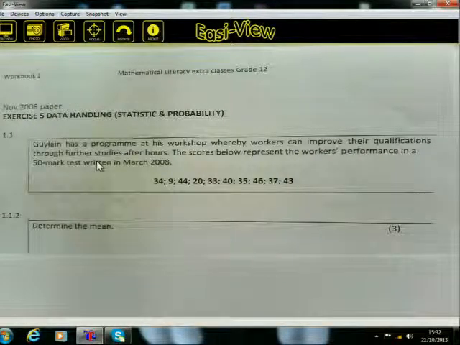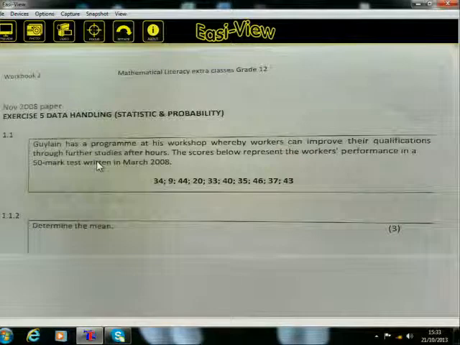1.1.2. As a grade 12 learner, when you are answering a question, it is very, very important for you to number it correctly. Let us read the question. Determine the mean. So here you are requested to determine the mean.